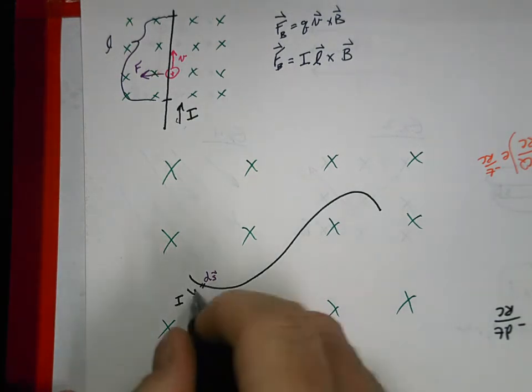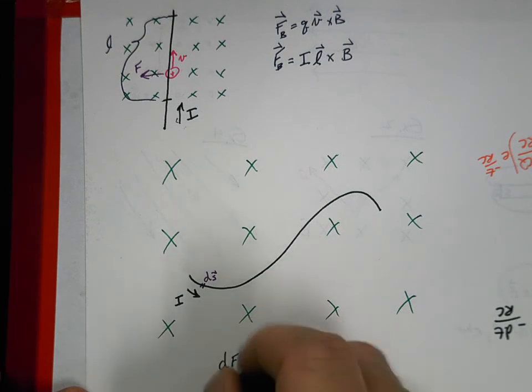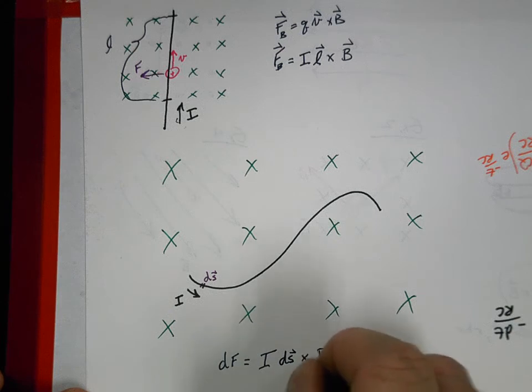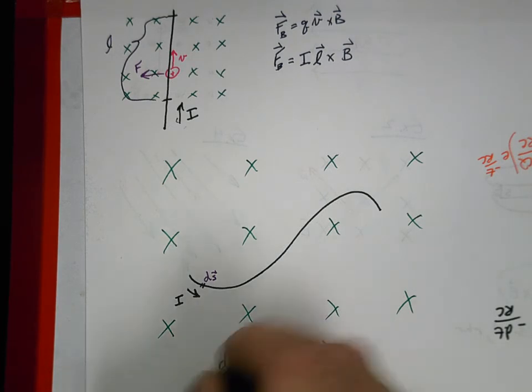This little ds is going to give us a differential force equal to our current times differential L crossed with our B. Because this is a cross product, the order matters. But in our integration, we don't want to include the B. We're going to leave it out here, but we're still going to integrate this.